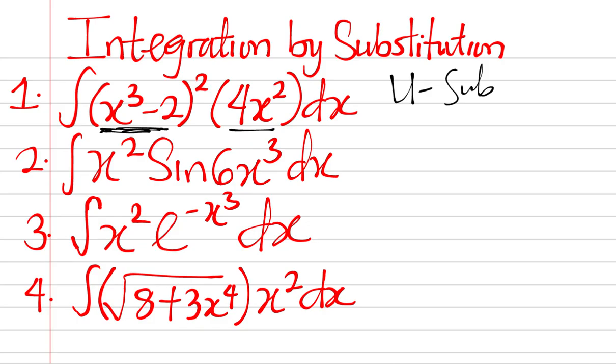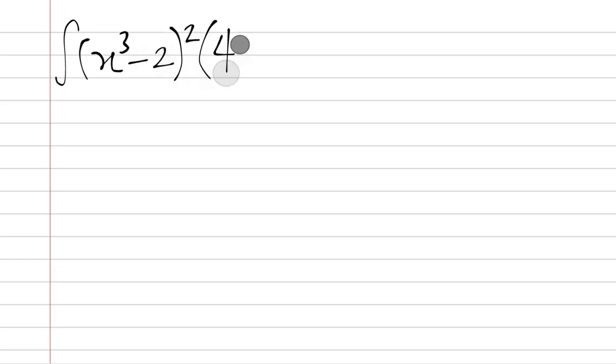All right, so now let's solve. Our first question is the integral of x cubed minus 2, all squared, times 4x squared dx.